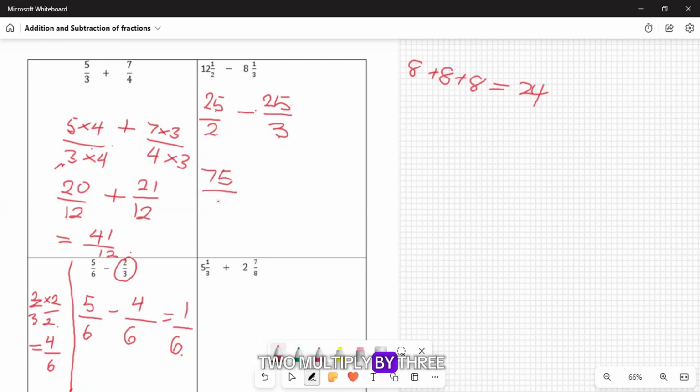So 2 multiplied by 3, then we get a common denominator, that is 6, minus. Then we pick the whole of this fraction and we multiply it by 2. So 25 multiplied by 2 is 50. And 50 over, then we pick this one and multiply by this. So that is 6. So 75 minus 50 will give us 25. So you have 25 out of 6.